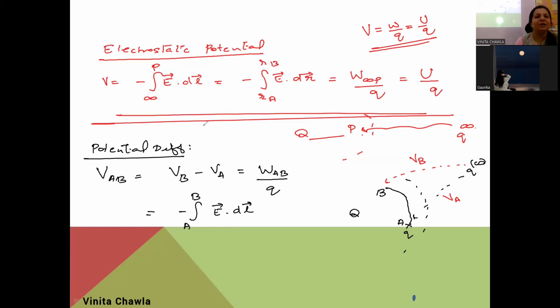What was the limit earlier? Infinity to P, because we were moving the charge from infinity to point P. Now we are moving the charge within the electrostatic field of the given charge. So our initial position is not infinity, it is some point in the electric field of the given charge, and this is another point in the same field. So initial position is A and final position is B. Or if you are writing in terms of R, then we write minus integral RA to RB vector E dot dr.